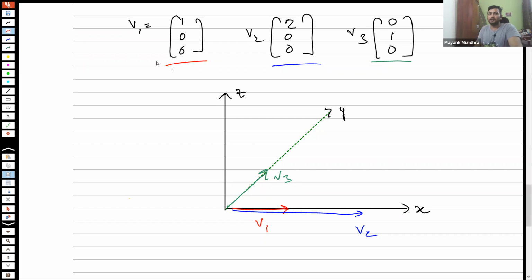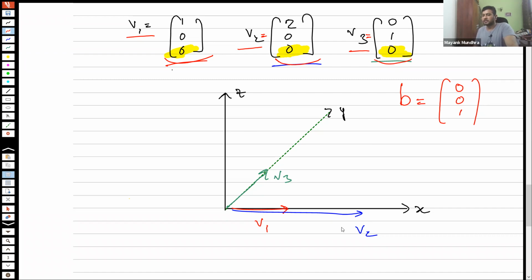Now suppose I want to reach some vector as a linear combination of these three vectors. I want to reach the vector b, which is 0, 0, 1. No matter what multiple I take for these three vectors, the z component of all these vectors is 0, so it will always end up being 0.